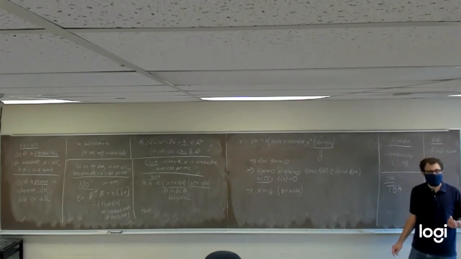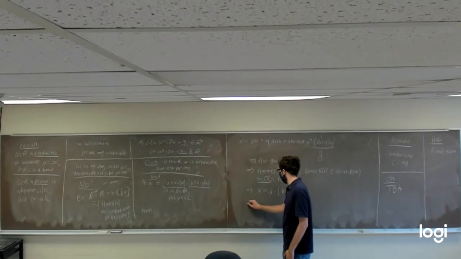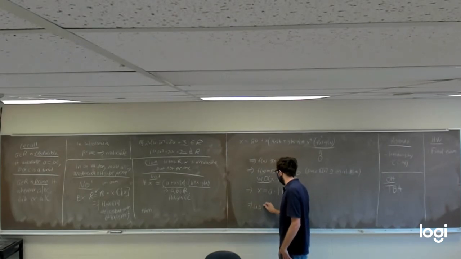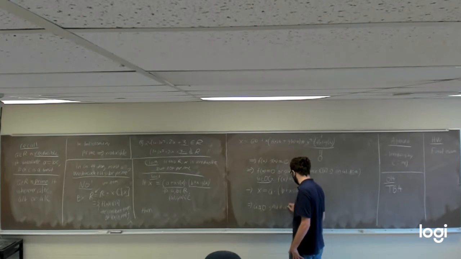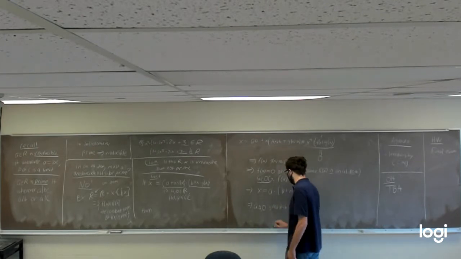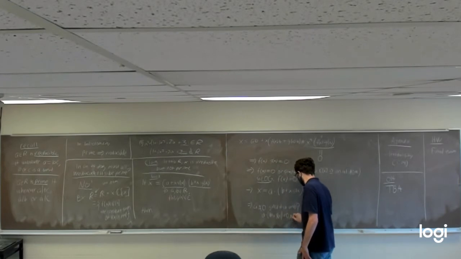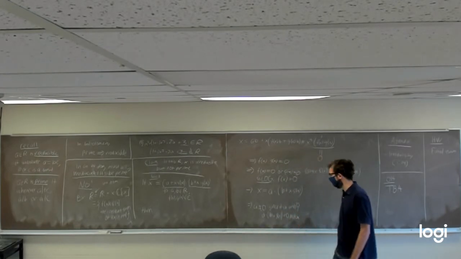So what do we know about a? a can't be 0. a is not equal to 0, since if it was 0, we'd get that a times (b + x g(x)) would have to be 0 rather than x.